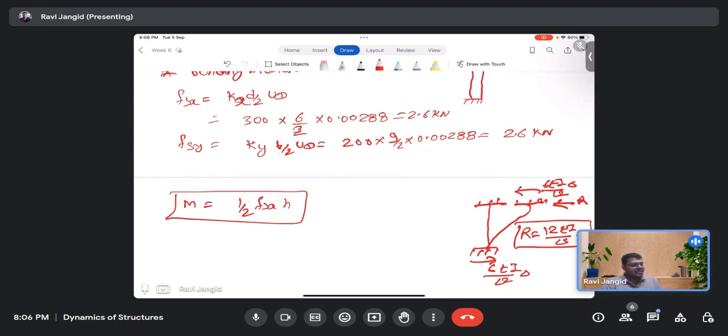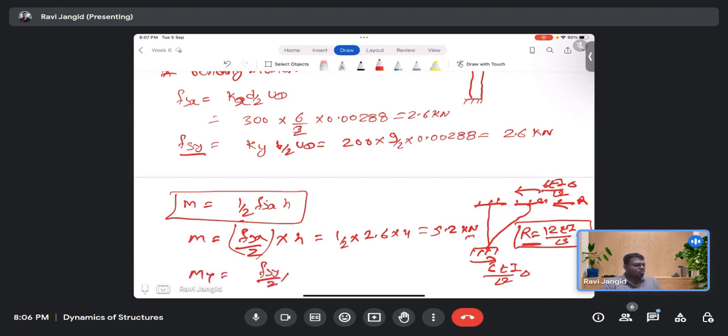That is what I have calculated as Fs and R. So my moment would be half, that's why I divided by 2: Fsx divided by 2 and multiplied with the height. So that will give me the moment. Is it okay? Then you can calculate Fsx into 2.6 into 4, so that is 5.2 kilonewton meter. Same for the y direction: Fsy by 2 into h, that is also the same, 5.2 kilonewton meter. Is it okay?